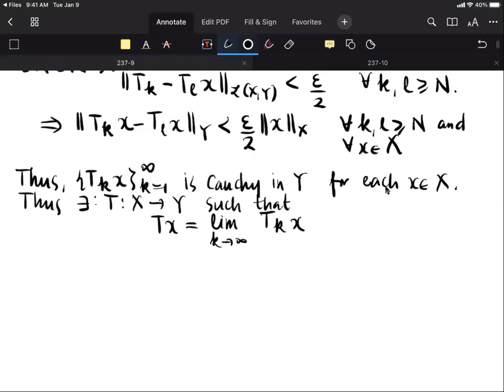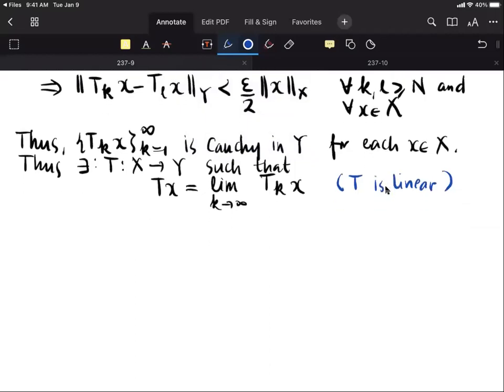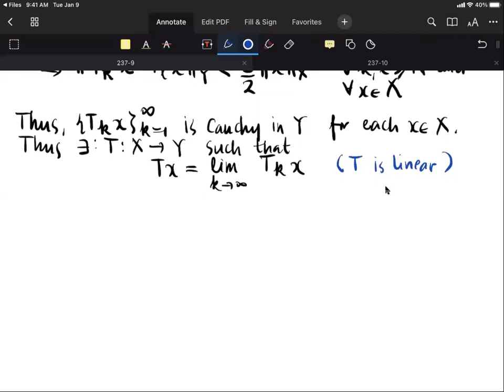So the limit exists and it is unique. Therefore, one can introduce a map, and this is linear. You can verify this immediately by applying the linearity of the operators T sub K and the linearity and uniqueness of limits. So this is now linear.